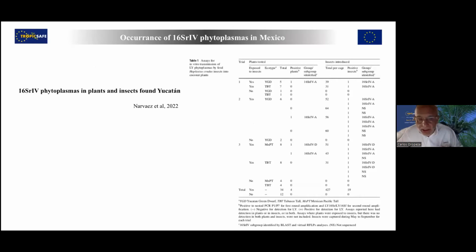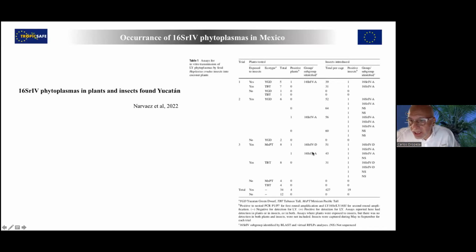And this one is a third case. In this study, what's done is transmission of phytoplasmas by Haplaxius crudus. I'm just going to show you the results related to the subgroups. These are the subgroups in the plants where the phytoplasmas were transmitted.